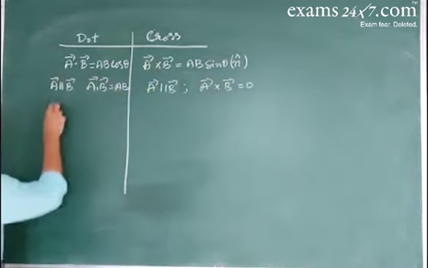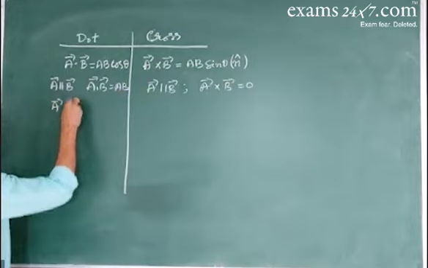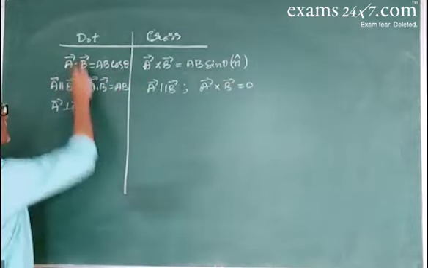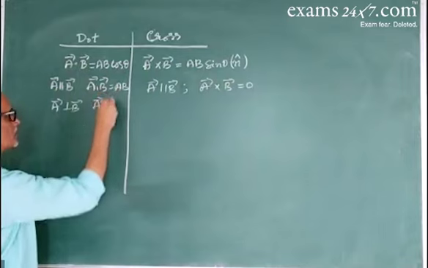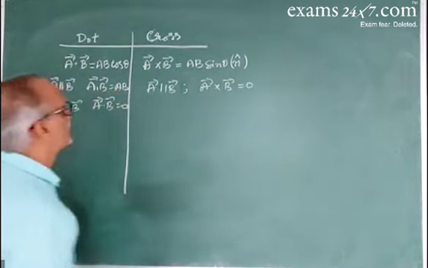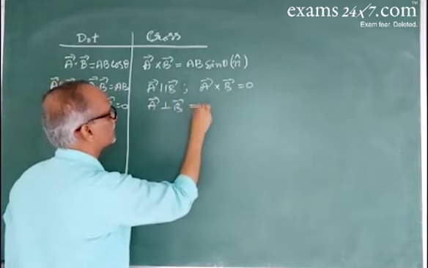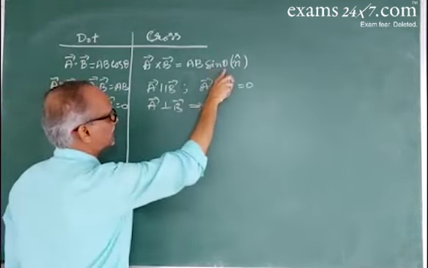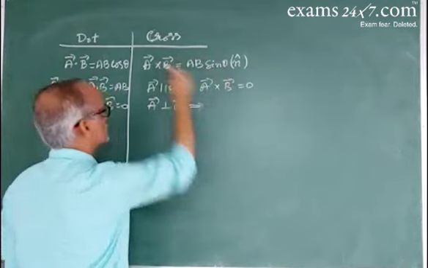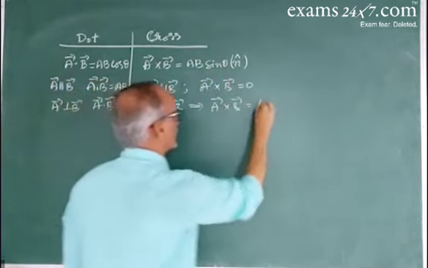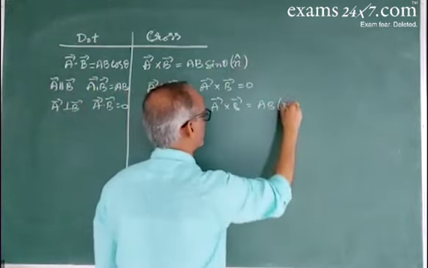When A is perpendicular to B, cos 90 becomes 0, so the dot product is 0. And when A is perpendicular to B, sin 90 is 1. So we get the cross product equal to AB with a unit vector.